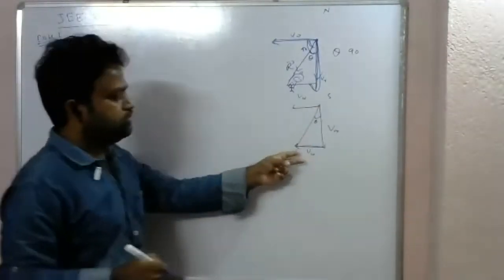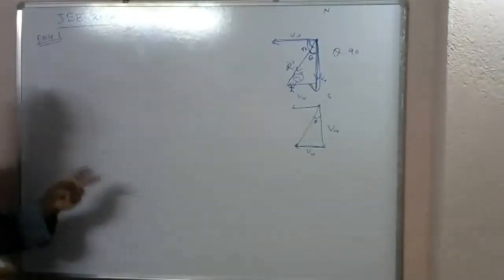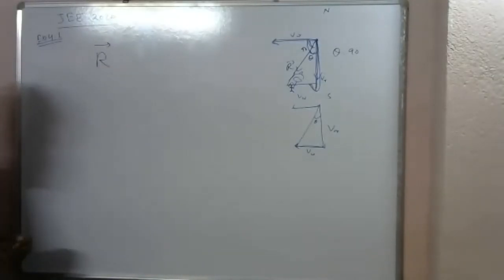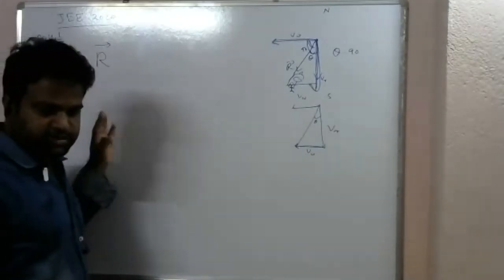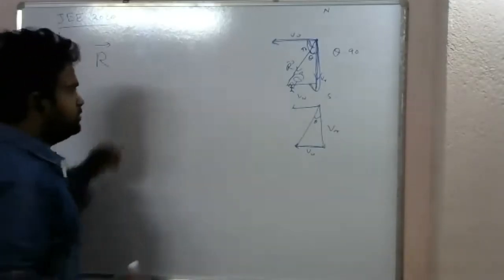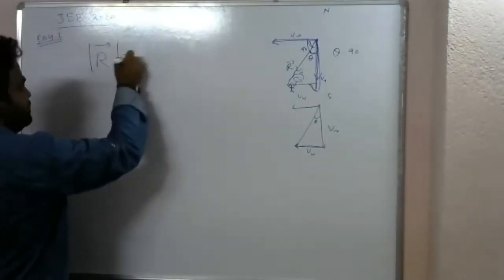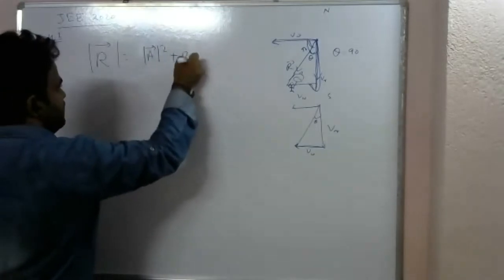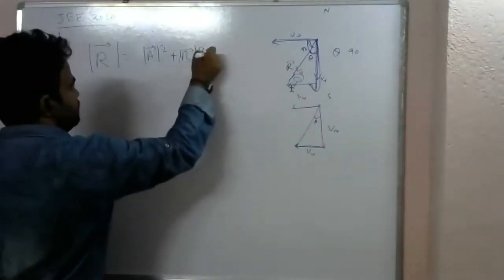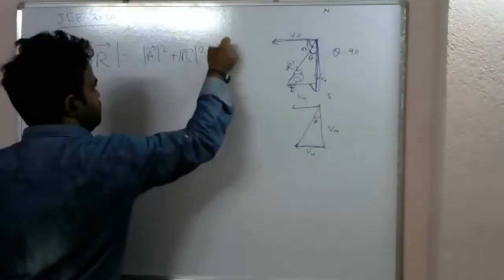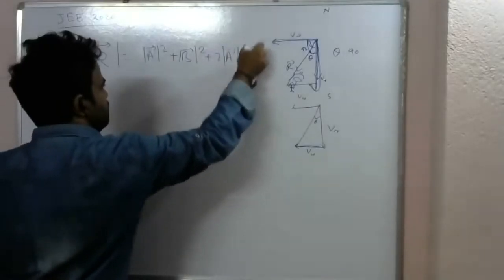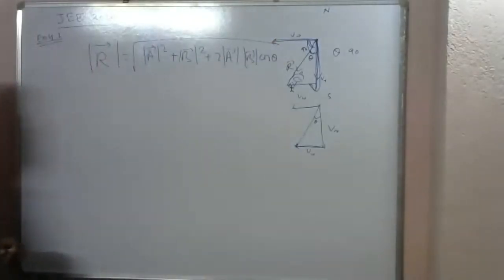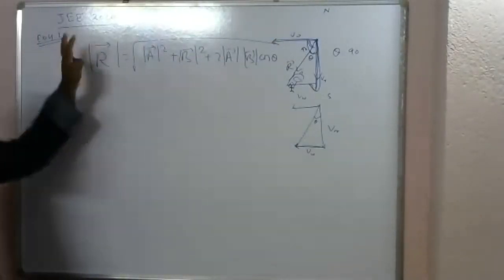So the resultant will be what? When two vectors are there, what is the formula for the resultant? Is it visible? The resultant magnitude formula is the square root of A magnitude square plus B magnitude square plus 2 A magnitude B magnitude cos theta. This is the resultant.